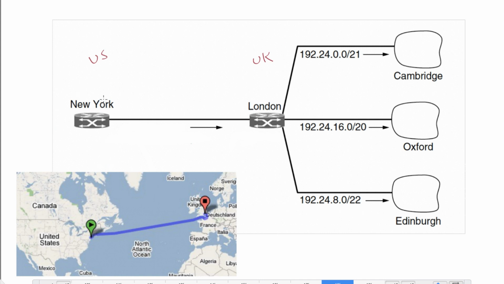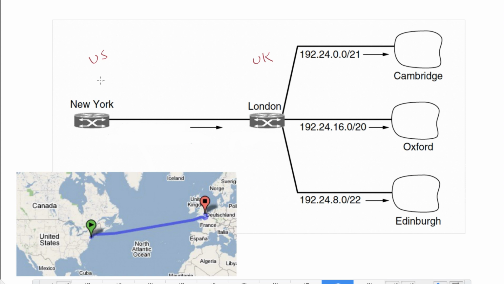Like if something is starting from 192.24, I'm just speaking roughly, then it should get forwarded to this direction. For the US, it only matters whether you are going to the UK or to some other country, right? It does not matter where in the UK this packet is going.